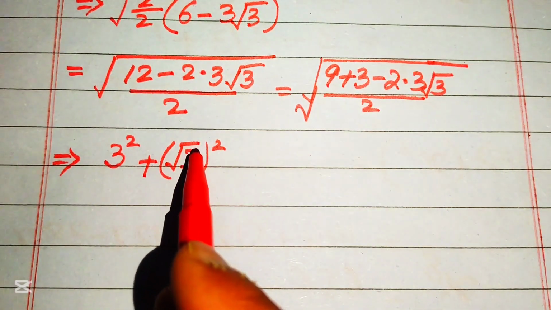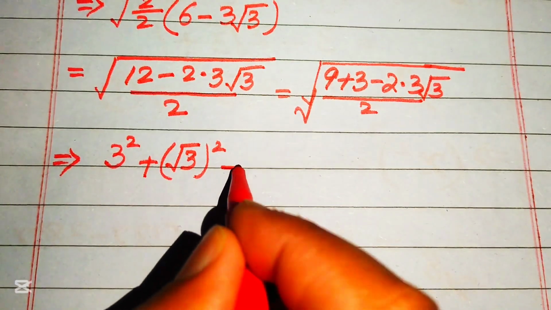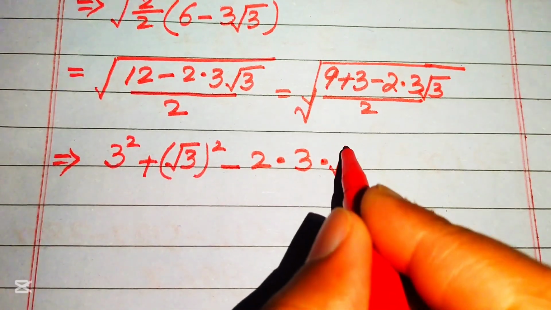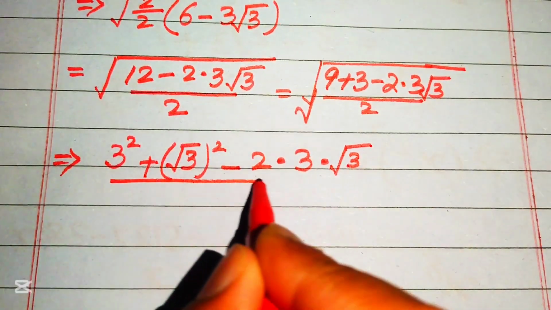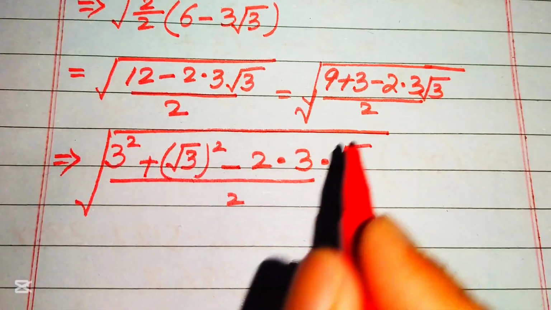So this square and square root are gone, and we get again this 3. So we write this in this form, and minus 2 times 3 times the square root of 3, and it is divided by 2 and its whole square root.